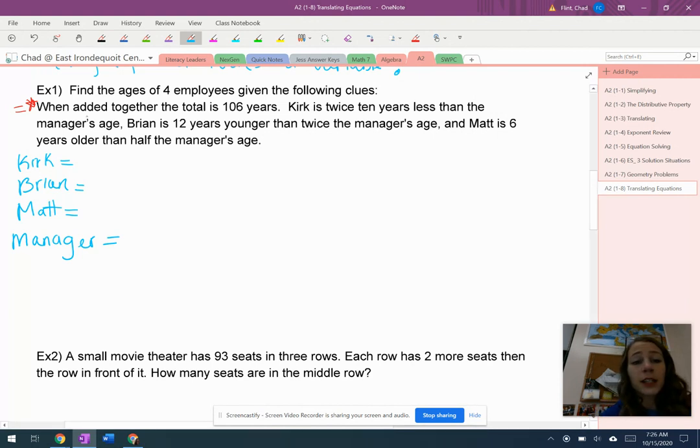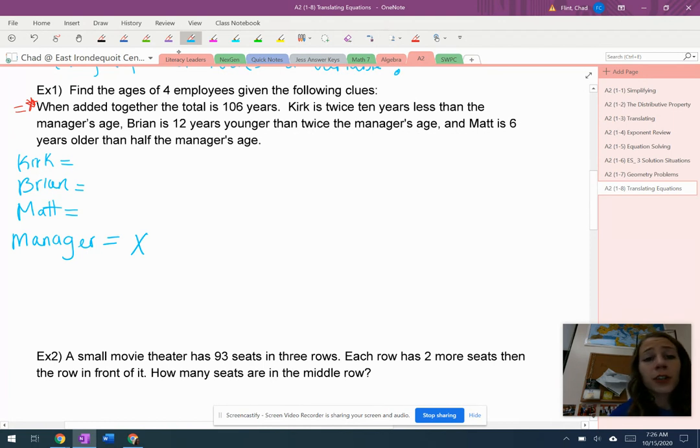Kirk, well, this little sentence is talking about Kirk compared to the manager. This little chunk of the sentence is talking about Brian compared to the manager. And the final piece of that sentence is talking about Matt compared to the manager. So by default, we don't have a sentence telling us anything about the manager. So the manager has to be my just plain old X.